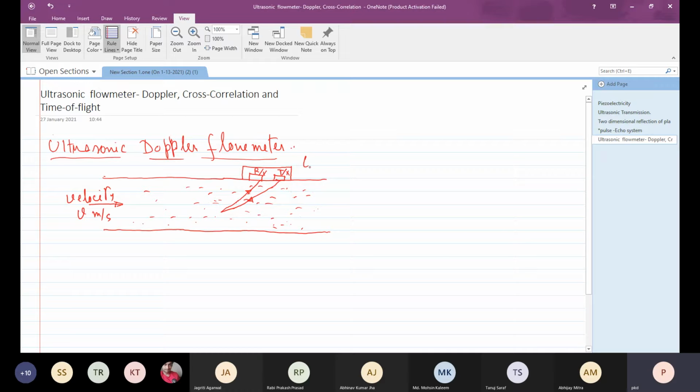So this is the ultrasound transmitter and receiver.